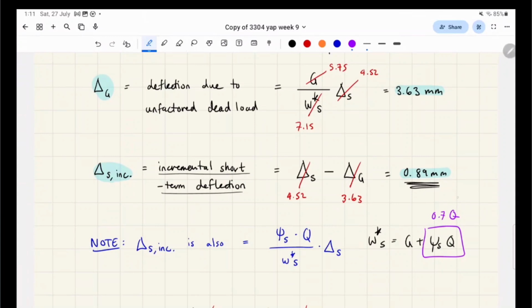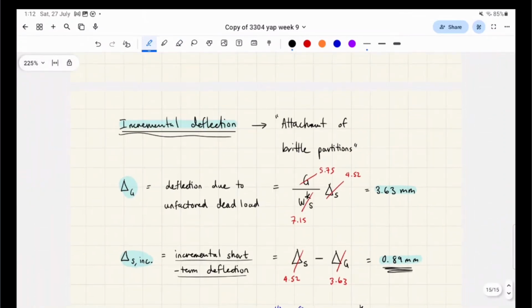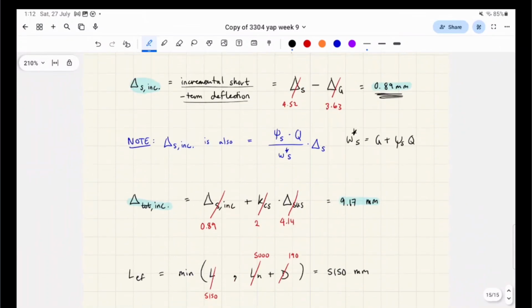It's as if we did all our calculations for deflection with just 0.7 Q, and that gives us 0.89, right? Don't ask me why. Yeah. Okay. This is what it's talking about when it says attachment of brittle partitions. It's just talking about 0.7 Q and what the deflection is due to that.